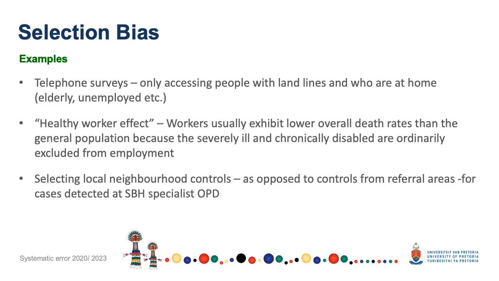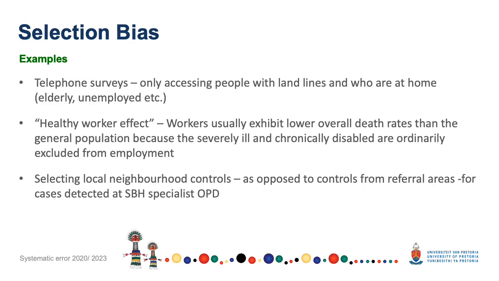Here are some rather glaring examples of selection bias. For example, you may decide only to use landline telephone surveys, and then you would only access people who have landlines and who are at home. If you're phoning the house, for example, you'd end up with a sample consisting of elderly and unemployed people and people who were in a socioeconomic state that they would be able to afford to have a landline telephone.